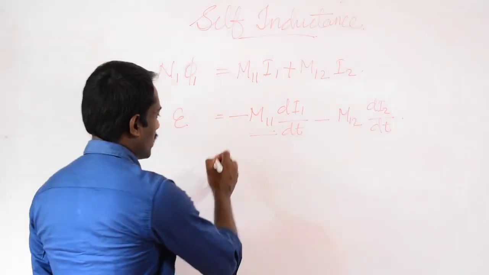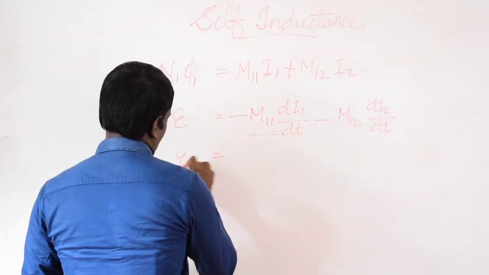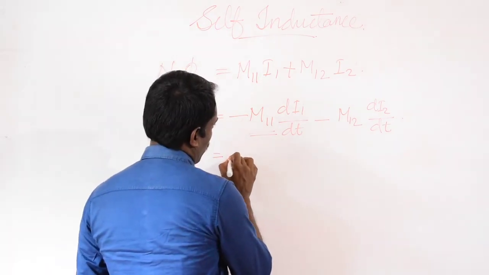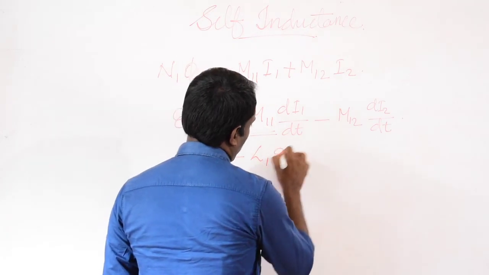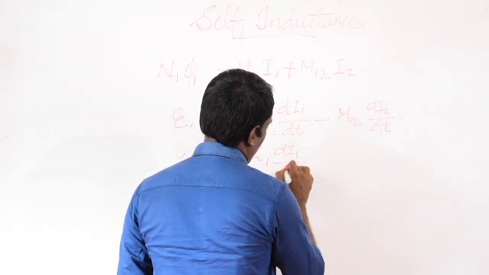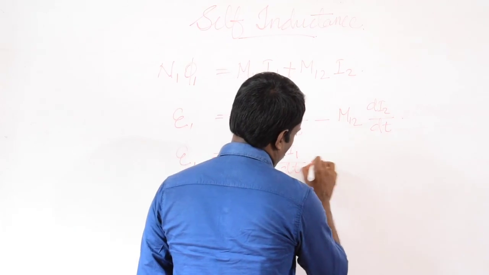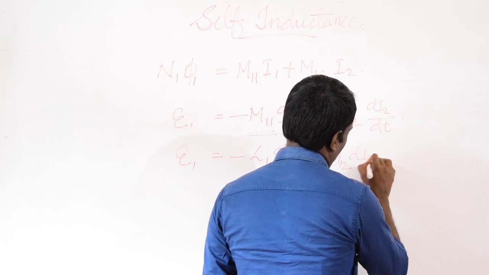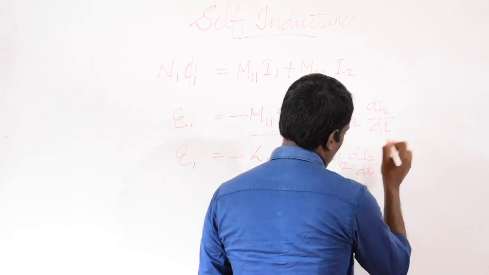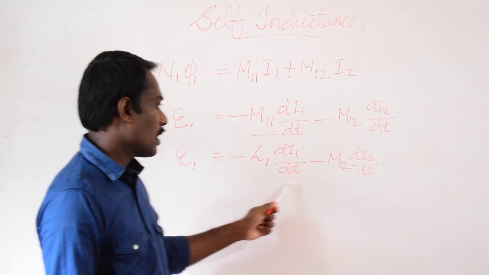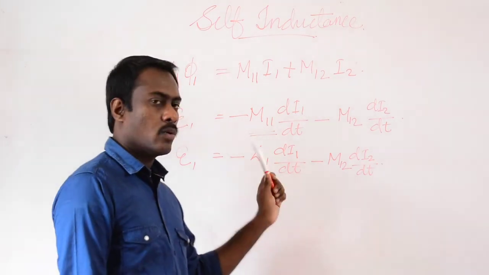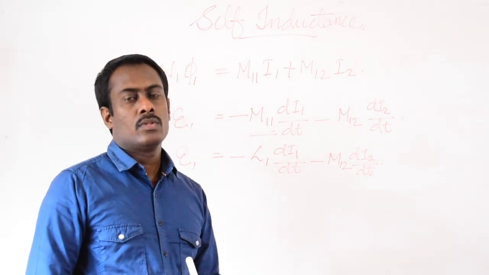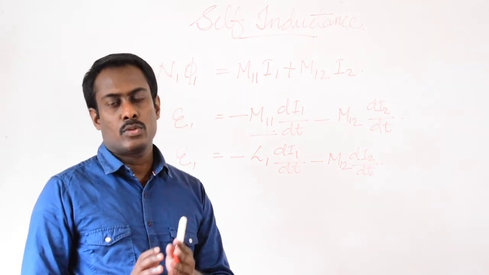So this can be rewritten as epsilon 1, or EMF, equal to minus L1 di1 divided by dt minus M12 di2 divided by dt. And this is the induced EMF of a coil when the electric current is flowing simultaneously through two nearby coils.